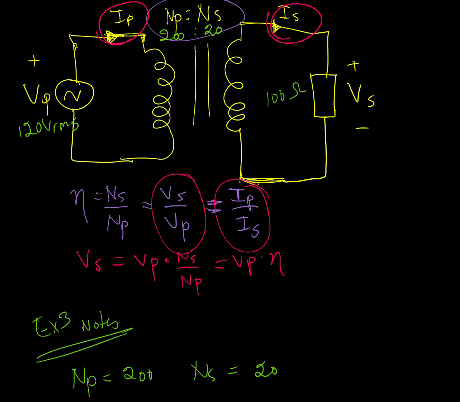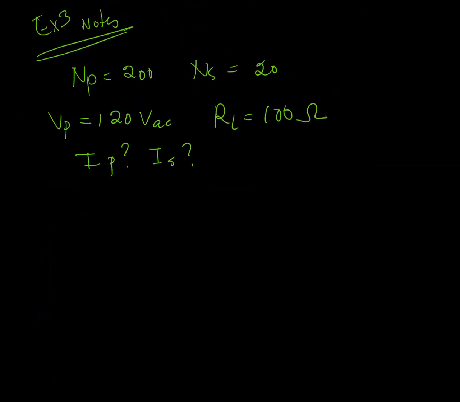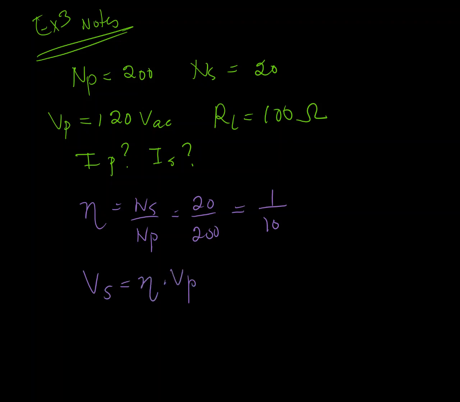Okay, so I'm going to find my turns ratio. My turns ratio is NS over NP, so this is going to be 20 over 200, which is 1 over 10. And then my VS is going to be equal to this turns ratio times VP, so I'm going to have 1/10 of 120 volts AC.